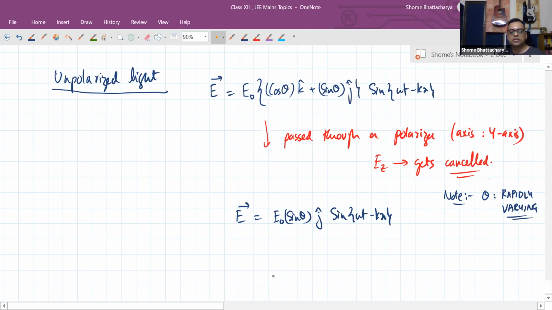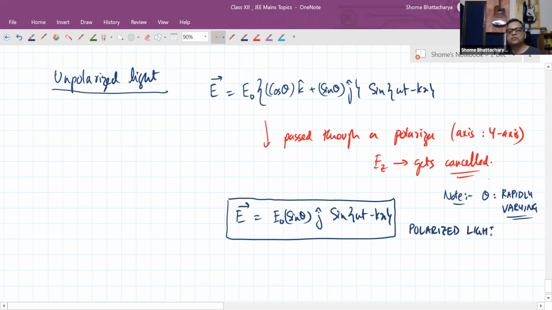So you can see the amplitude of the polarized beam versus the amplitude of the unpolarized beam. This is the polarized light's electric field. This is the unpolarized light's electric field.